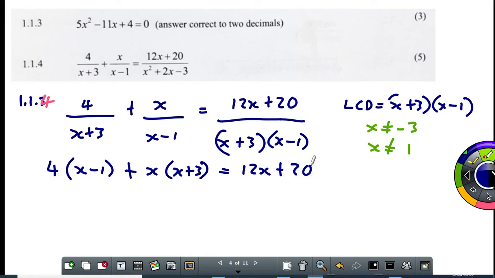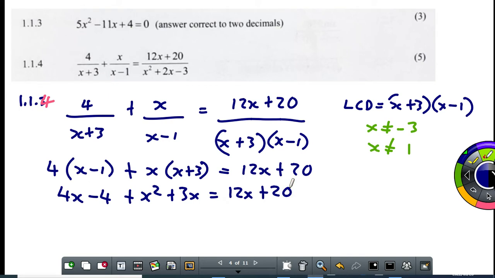The denominator disappears. Or you can say you neglect it. So you get 4x minus 4 plus x squared, which this term here is a clue that you need to create a quadratic equation. Okay? Plus 3x, that's equal to 12x plus 20.